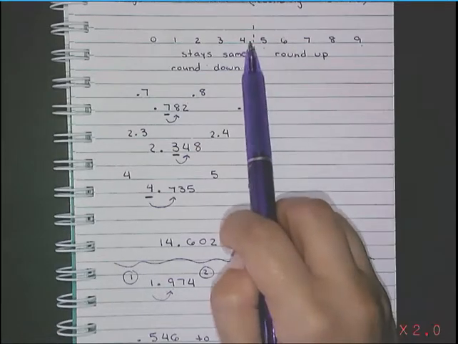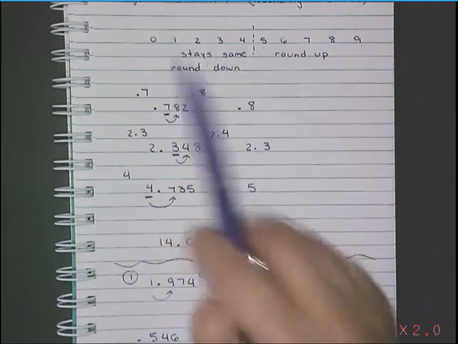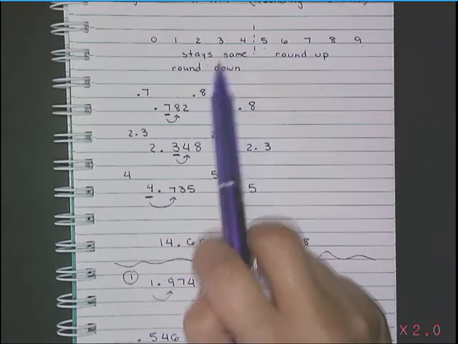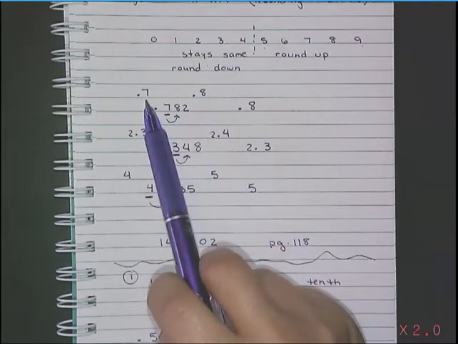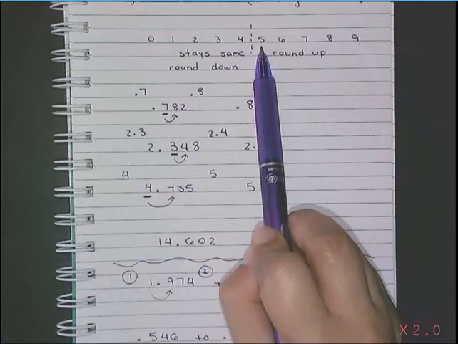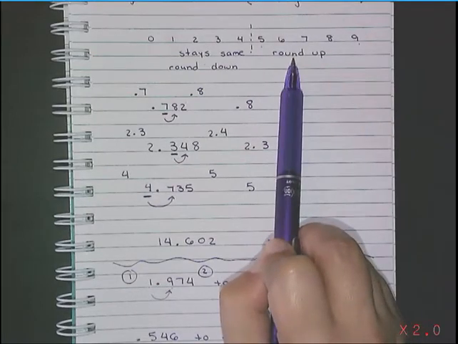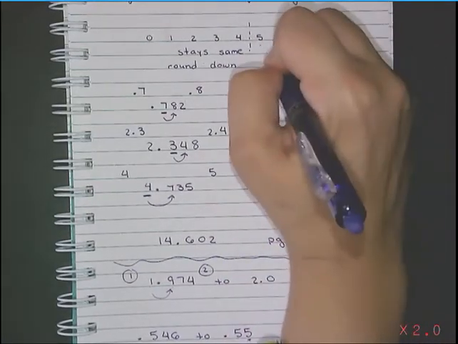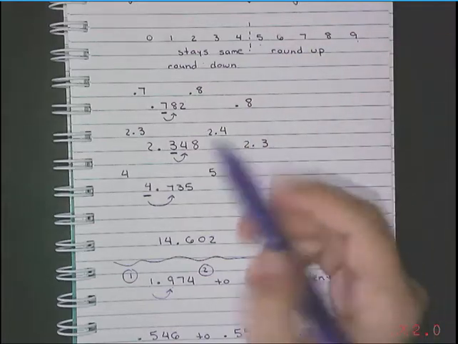So key points, remember, if it is 4 or below, the number stays the same because you are rounding down. If it's 5 to 9, you are rounding up, so the number goes up 1.